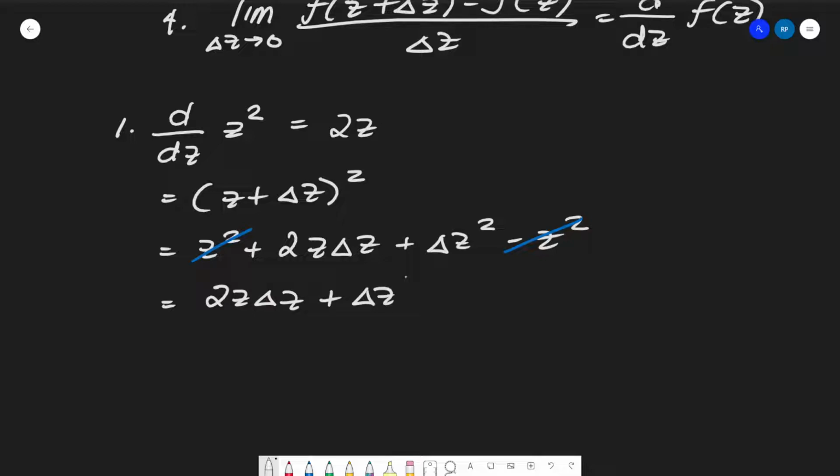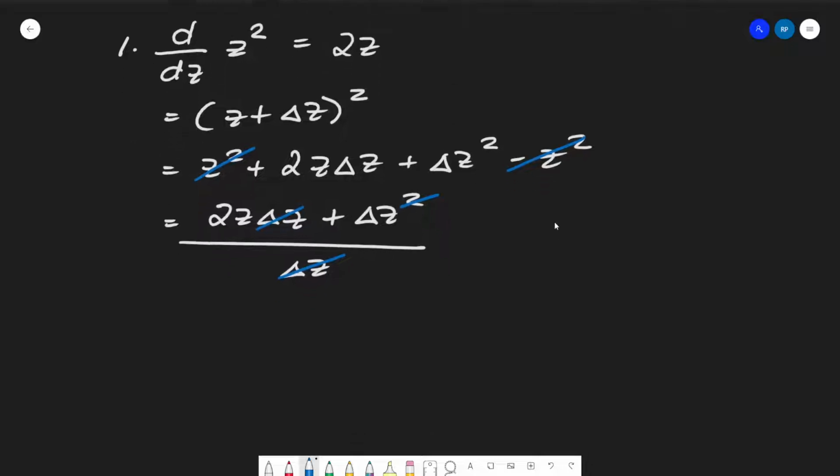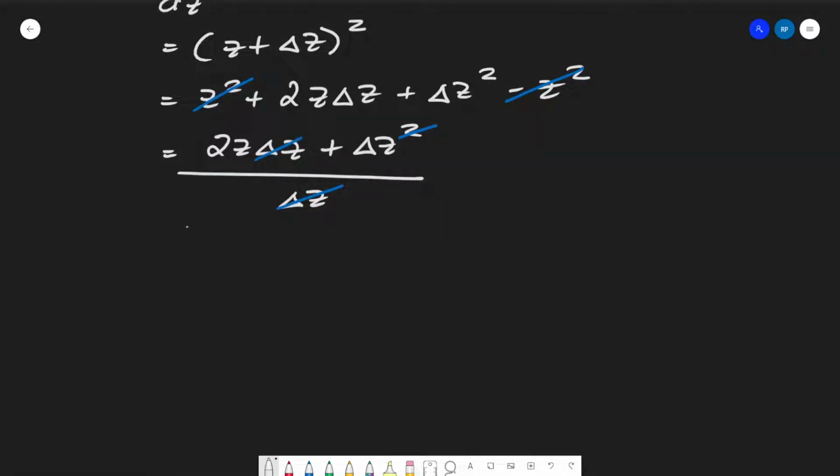And we know the common factor is delta z, so the delta z can cancel, leaving one delta z on the other term since that was delta z squared. Then lastly, what is left? We have 2z plus delta z.